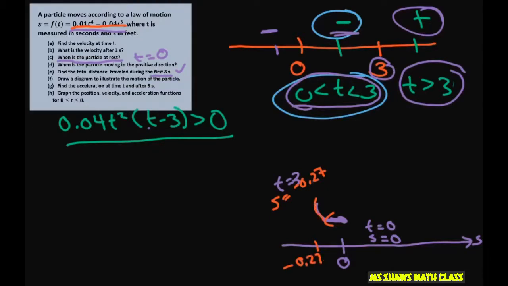Here it's stationary, and this is that point. Now from 3 on, when t is bigger than 3, it starts going positive, and it keeps going positive. Now I want to see what's going on when s is 0, because here we are at s is 0. So when s is 0, t is 4.